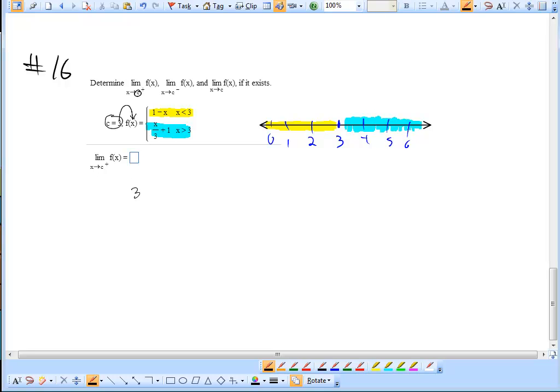Because this is a continuous function, the limit of f of x as x approaches 3 from the right is going to be the same thing as the function value at 3.